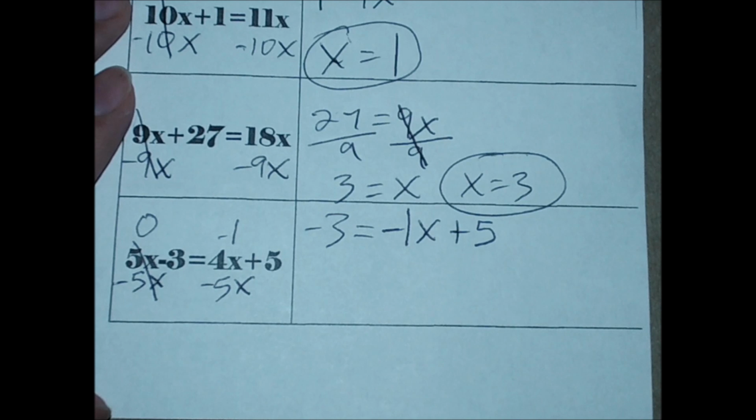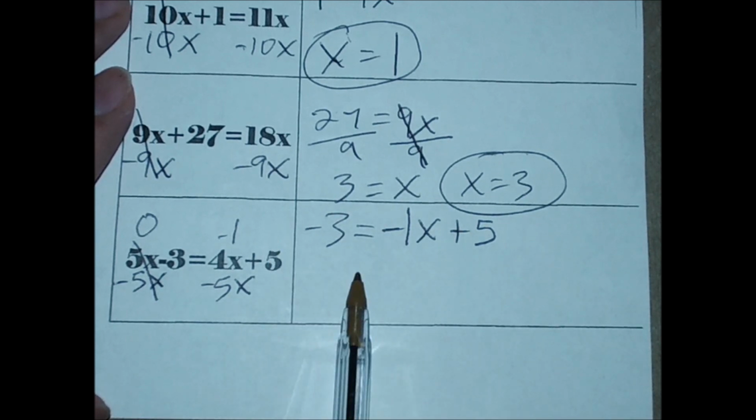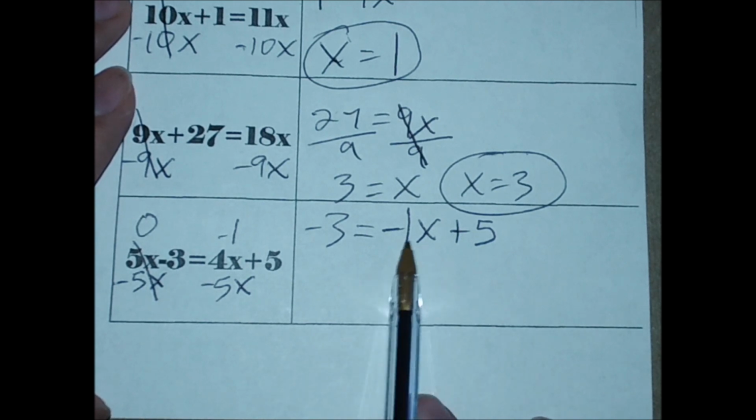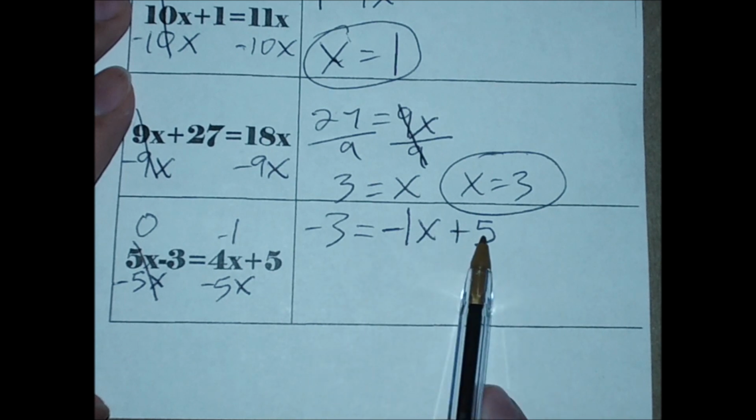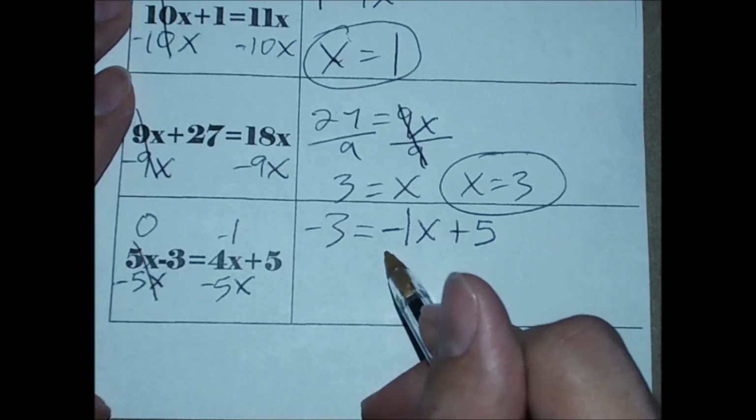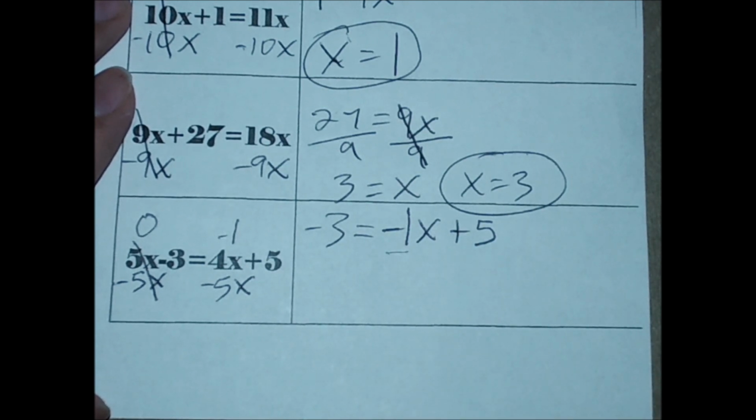You see that? Now at this point, I have a regular equation, a two-step equation to solve. Now when you do this, you're trying to cancel all the numbers that are with x. The two numbers that are with x are the negative 1 multiplying with the x and the 5 that's being added. Okay?